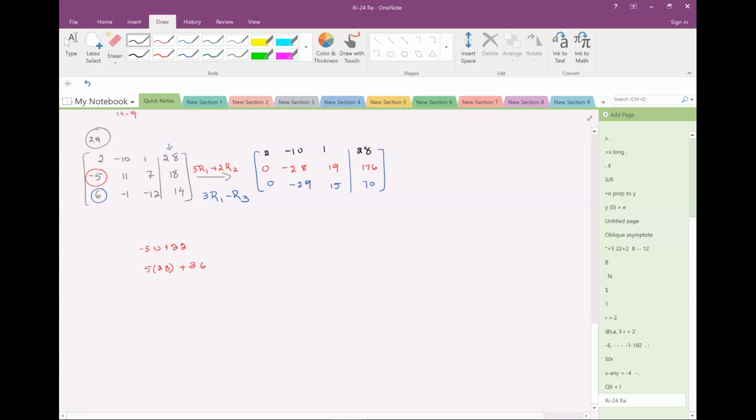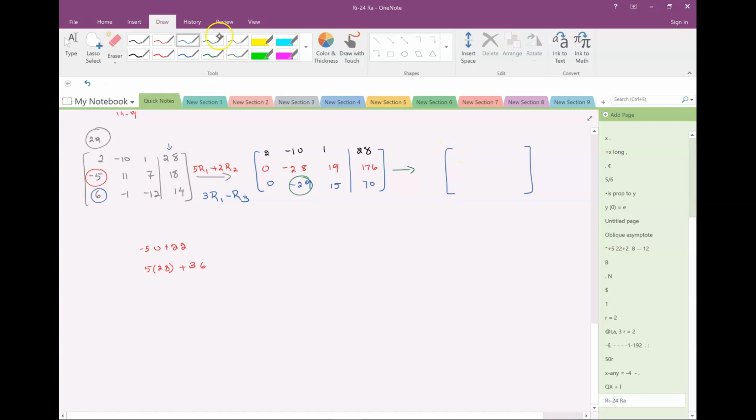The next thing I need to change is that negative 29 to a 0. Okay, what I want to do first, especially when I have bigger numbers, is double check to see if there is a number that you can divide all of these numbers by, which there isn't in this case. So unfortunately, we're stuck. Okay, but in order to change this number to a 0, what can I do?